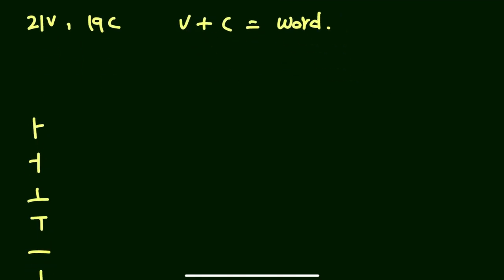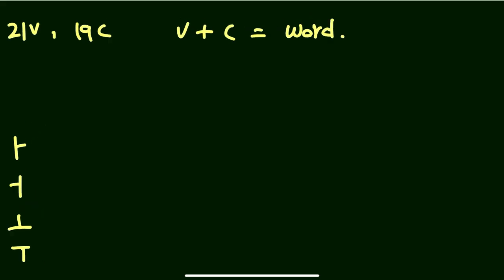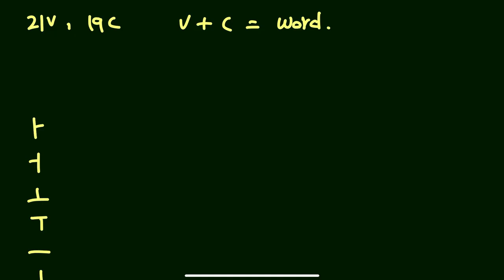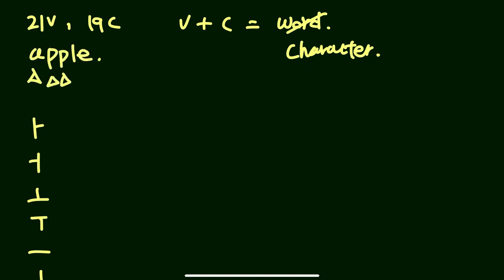In terms of the Korean language, we have 21 vowels and 19 consonants. And when we put the vowels and consonants together, we have what you can say is a word, but it's more like a character. So that's kind of how Korean works. It's very similar to English. Let's say APPLE, and then we have each letter, right?